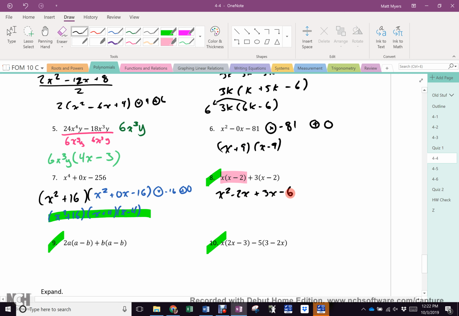And then I'm hoping that you would collect those like terms and get x squared plus x minus 6. And then you would factor that, right? Everyone agrees, yeah? And of course, you would get multiply to negative 6, add to 1, and you would know that it was 3 and negative 2, right? And you would get x plus 3 and x minus 2, correct?